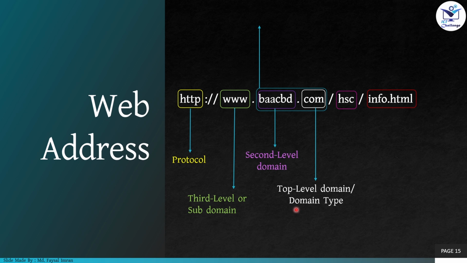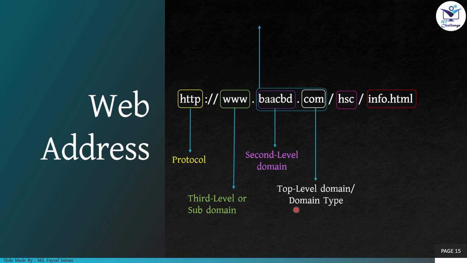Like if you have 1 million websites on the server, and you search backberry.com, at first they search .com, then they have like 5 million websites, so they filter those websites by searching their domain type. That's why this is a top level domain. After that, they search the second level domain. This is backberry.com. They try to match the domain name, and that's why this is the second level domain.